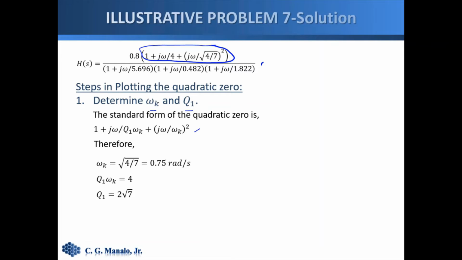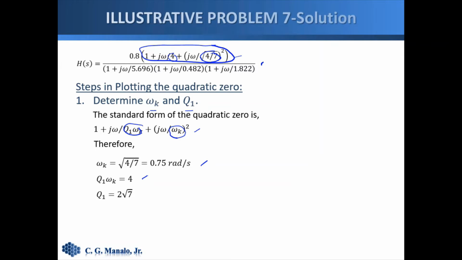So to get omega k, we compare it here. So this must be omega k. Okay, so that is the value of omega k. And to get this, we are going to compare it here. So that must be equal to 4.